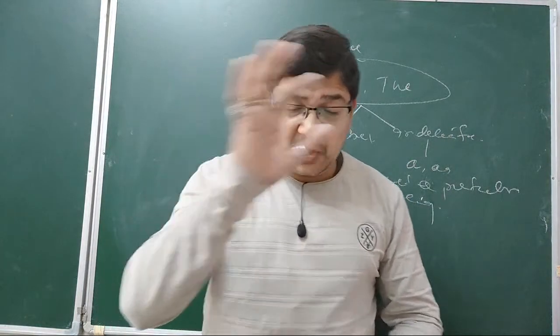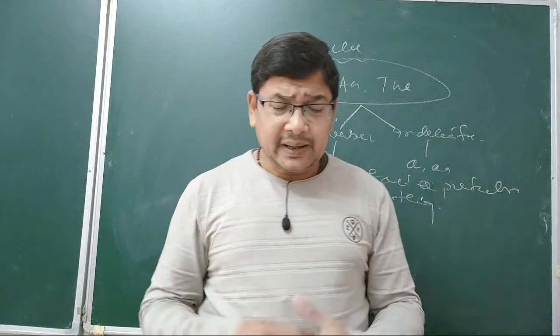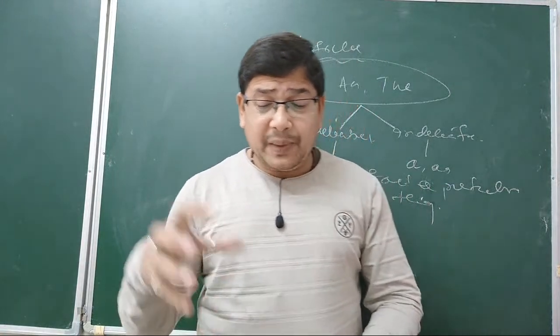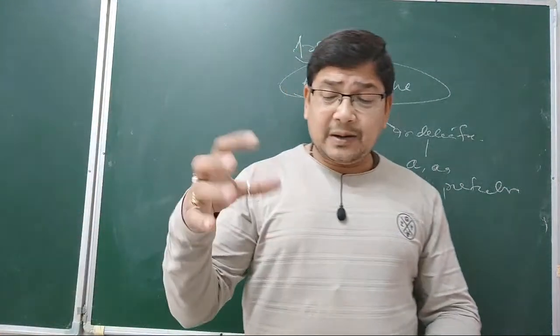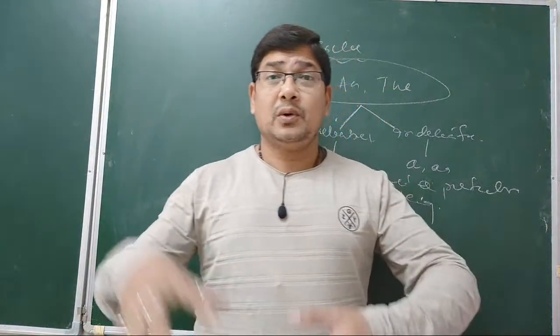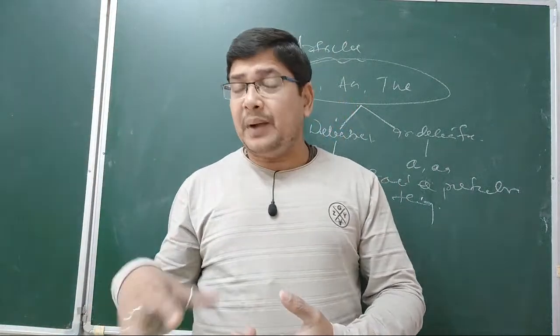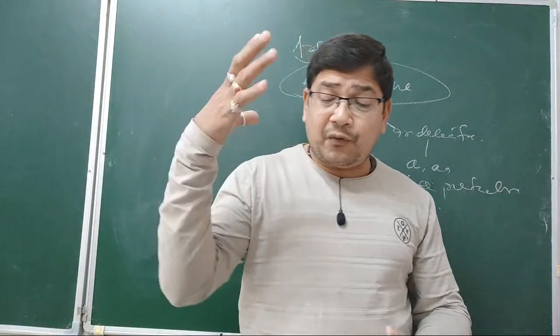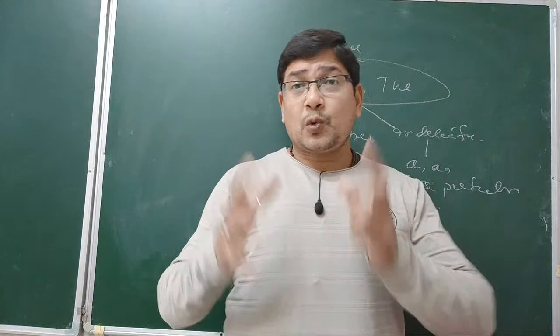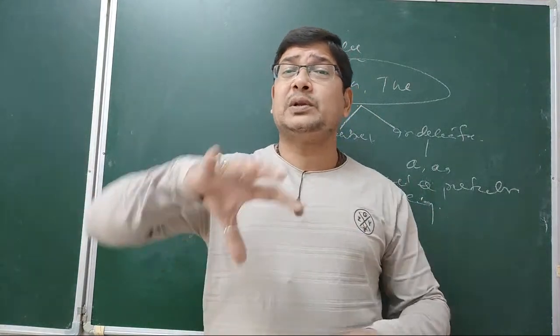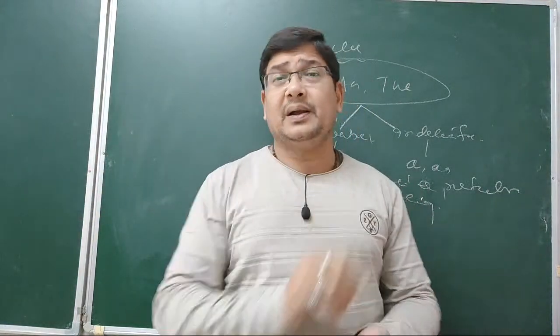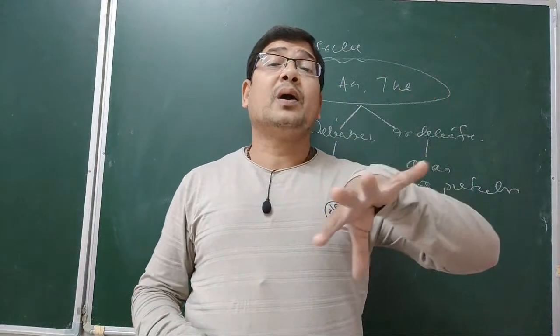Rule number 3. The is used before a noun made definite by the addition of a phrase or a clause. When a phrase or clause justifies a noun by coming after it, at that time what do we do? We put the.